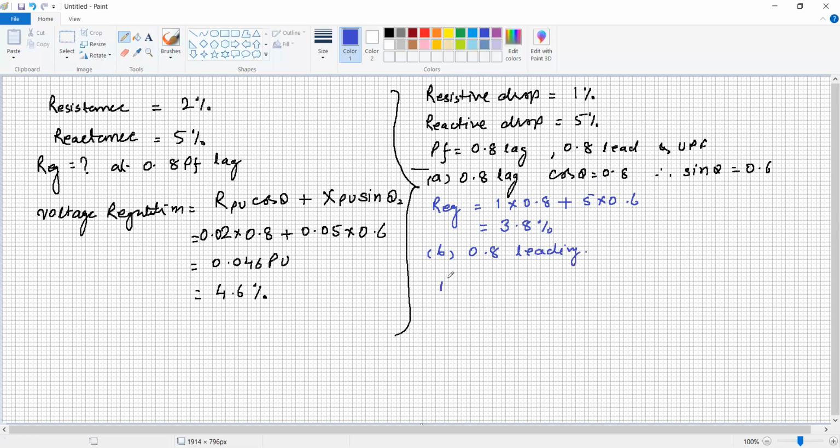So the difference in voltage regulation formula is RPU, or the percentage resistive drop, into cos theta, minus the percentage reactance drop into sin theta.